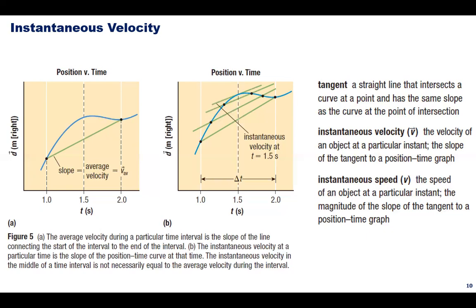Again, we can use dots to mark the position at the beginning and the end of the particular time interval, which starts at t equals 1.0 seconds and ends at t equals 2.0 seconds. The average velocity during this time interval is just the displacement during the interval divided by the length of the time interval, right? Figure A shows that this average velocity is the slope of the secant connecting the two points on the curve.